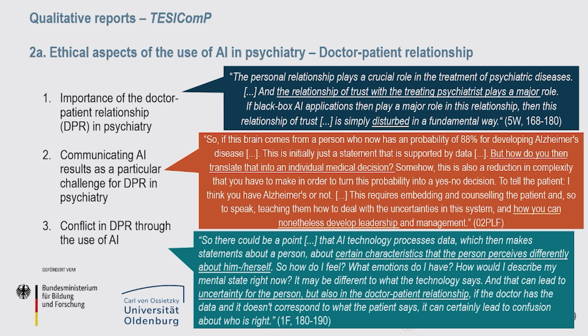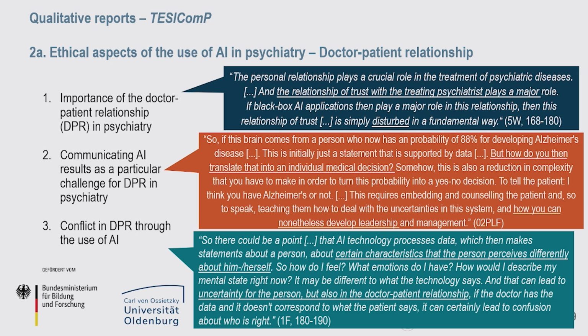If the AI tool gives us a probability for a patient to have something, what does it actually mean for the clinical decision making? And here you have it. I don't want to read all of that, but just imagine it states a probability of 88% or maybe 65. 65 is more challenging. How do you translate it into a medical decision as a medical doctor? And how do you actually communicate that?